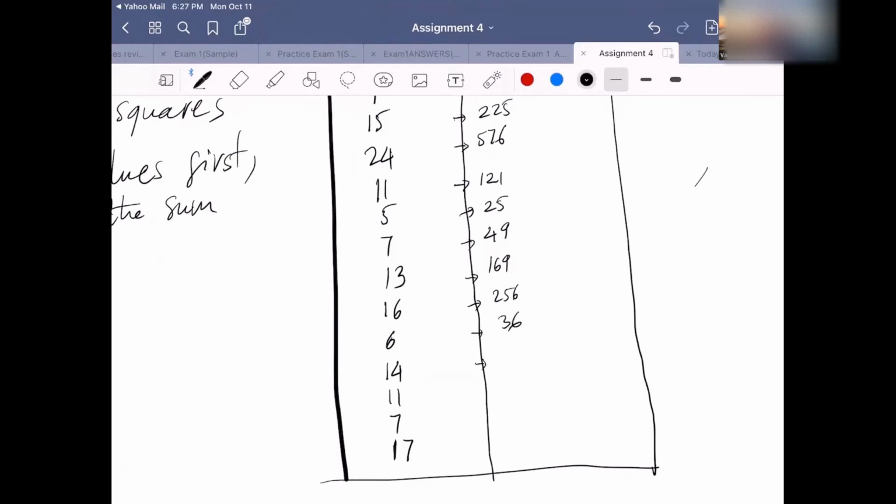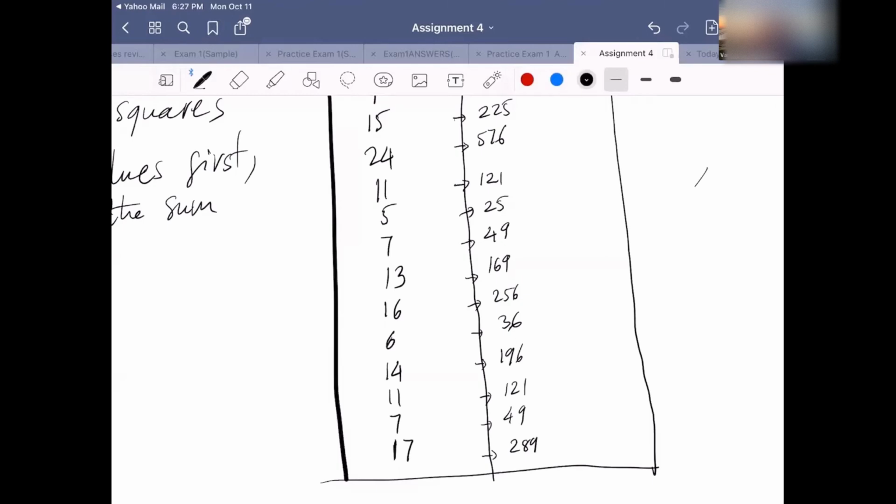What is 14 squared? 196. And then 11 squared is 121. We did it above. And then 7 squared is 49. What is 17 squared, everyone? 289. All right, 289. Good.